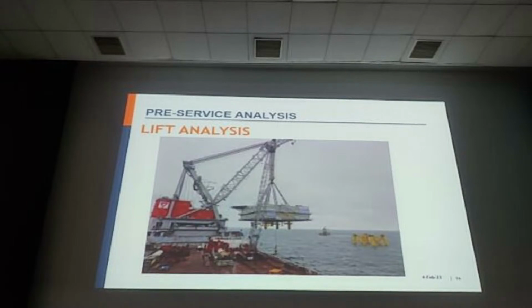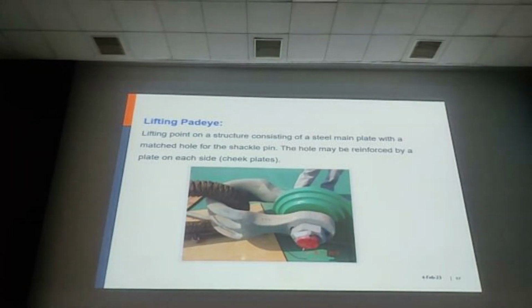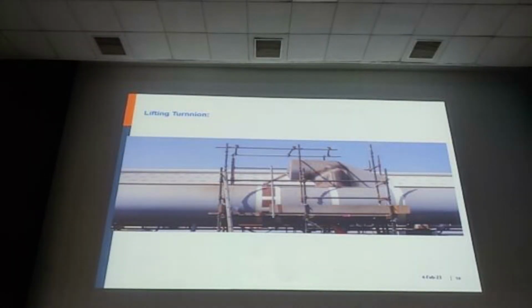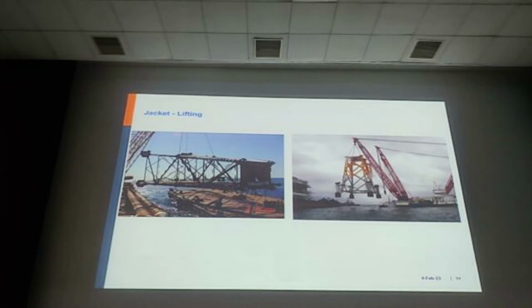This is a deck lifting installation photo. This is a bearing, so we need to provide some lifting tool. This is the bearing arrangement. We will provide some shackles and slings so we can lift it. If it is heavy, we can go for a different arrangement, like a tubular, with slings, so we can lift it.